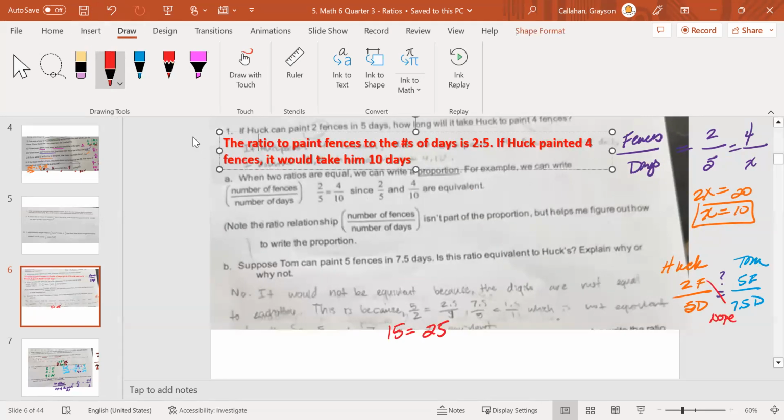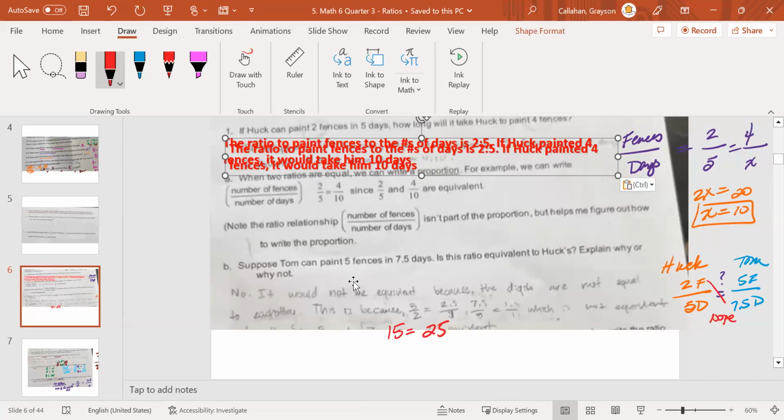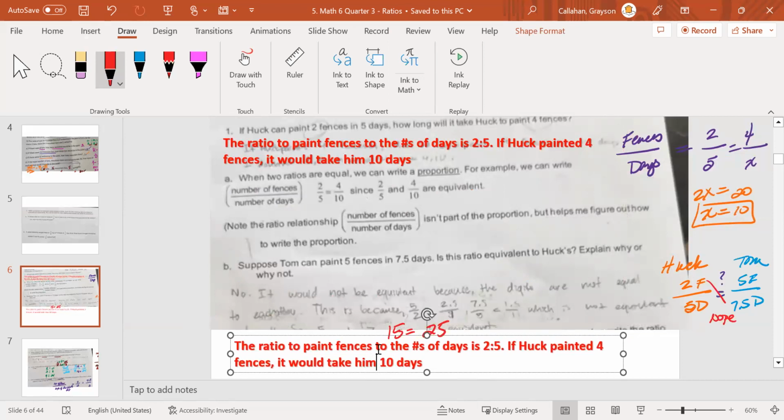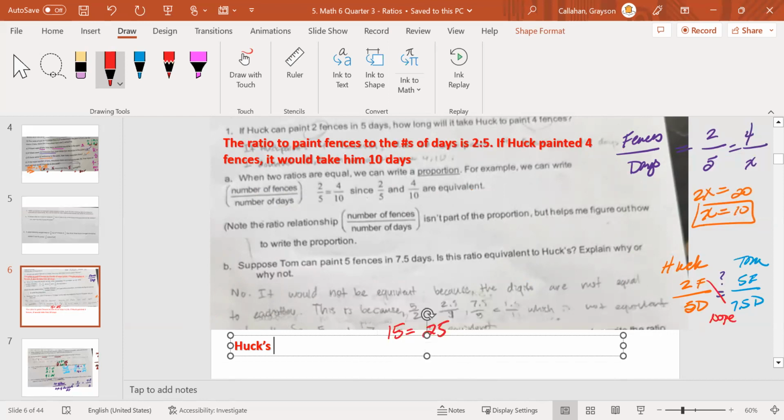And then all you have to write here, and I didn't read exactly what you wrote, but as long as you wrote something similar to what I have here, you can write like Huck's ratio of painting fences to days is 2 over 5.